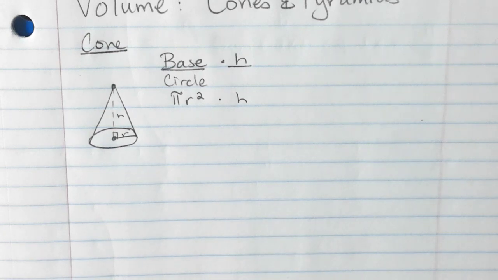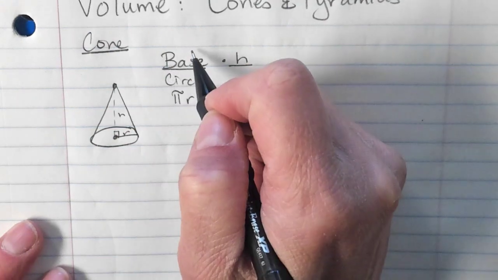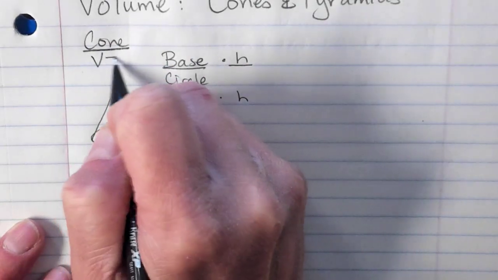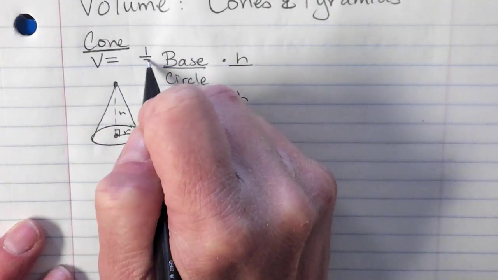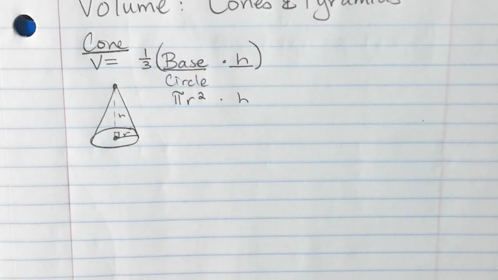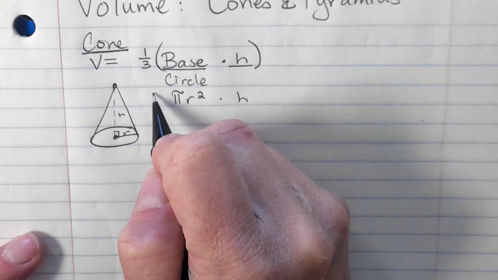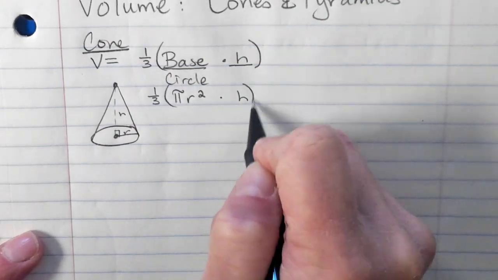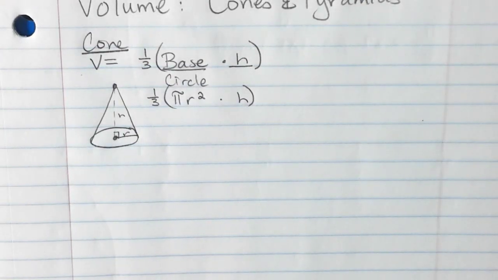So what we have to do when we find the volume of a cone is multiply by 1/3 to remove all of that volume around the edge of the cone on the outside where that point would be. So we're going to take 1/3 times pi r squared h.